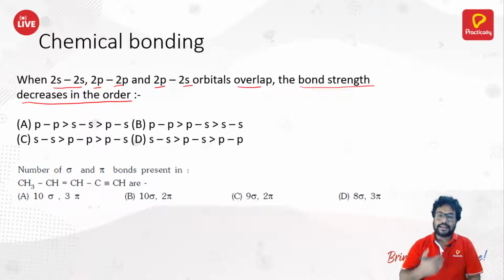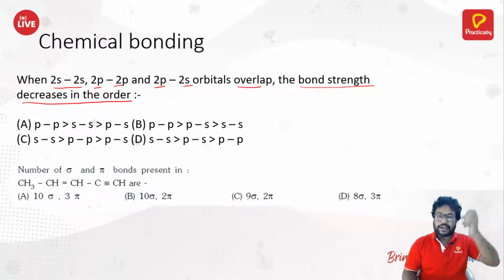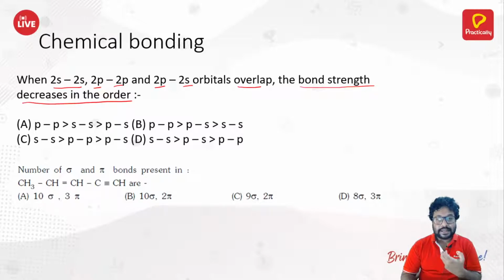We just now saw the overlapping theory. And what did I tell you there? Whatever overlapping orbitals are there, the option having the higher number of directional orbitals will have more extent of overlap, and hence it will also have higher bond strength.